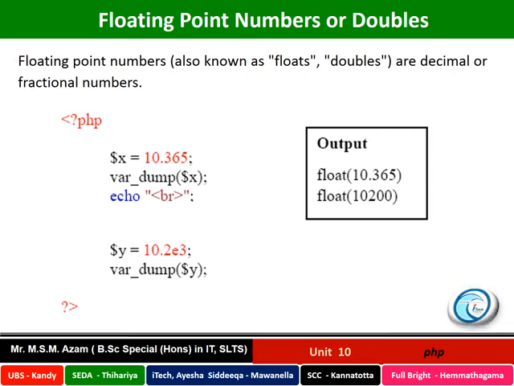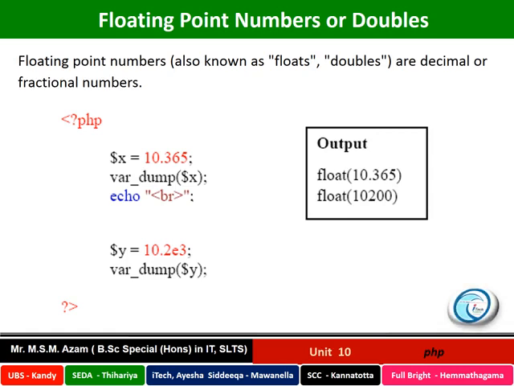We have created a variable called x and assigned the value 10.365 to that variable. So when you type var_dump within brackets $x, it returns the data type of the variable x, that is float, and the value of the variable is 10.365.